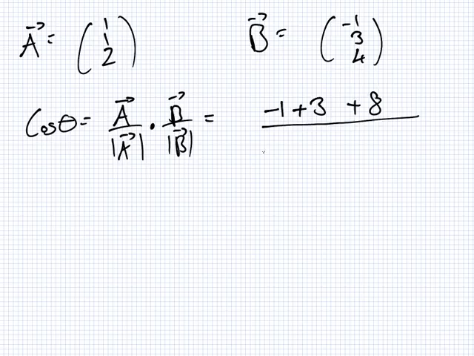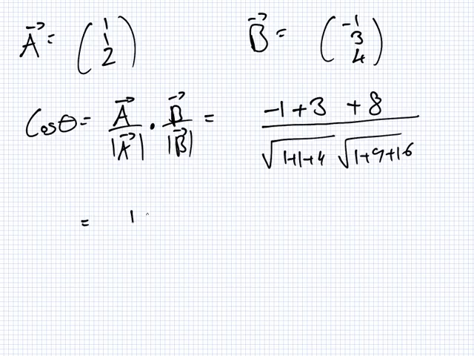And on the bottom we have square root 1 plus 1 plus 4 and square root 1 plus 9 plus 16. That's equal to 10 over square root 6 square root 26.